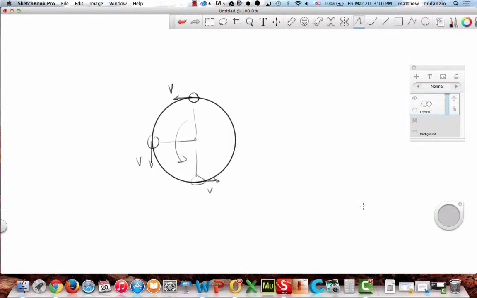So as time goes on, my direction is changing, even though my speed is not. So if my direction is changing, even if my speed is not, what is changing? My velocity. And if my velocity is changing in a certain amount of time, what do I have? I have an acceleration. So I do have acceleration. And what I have is centripetal acceleration.